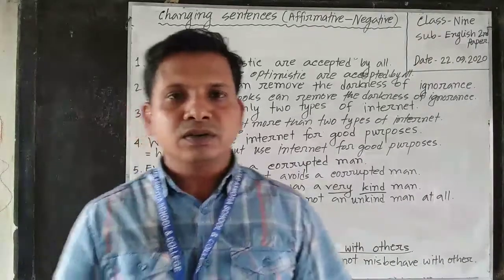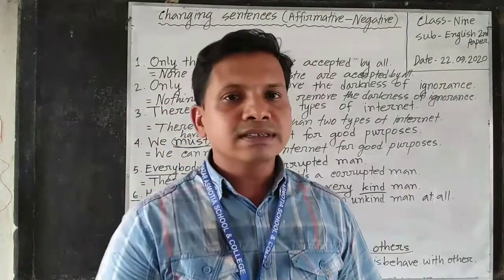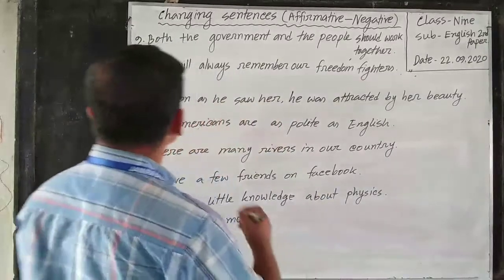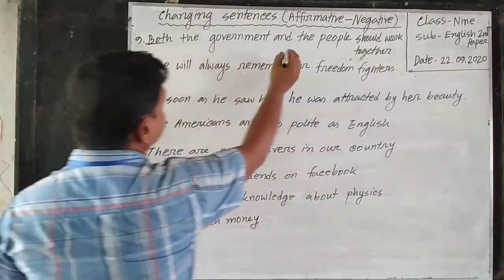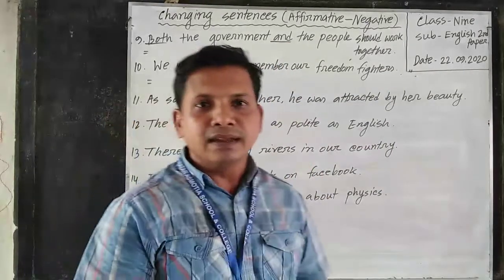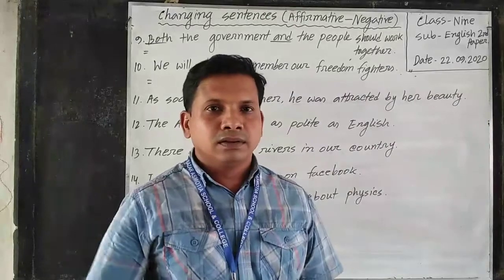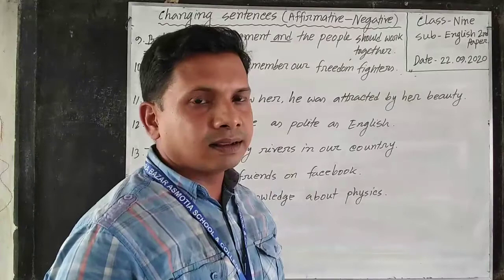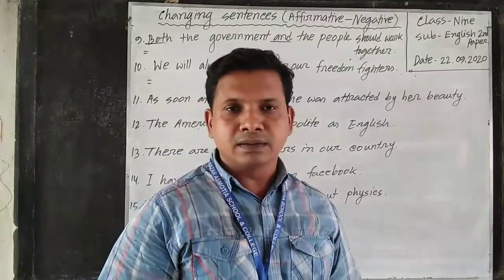Now I am going to write some more examples. Now the number 9. The number 9 sentence contains both dash and. We know we can use not only but also instead of both and.